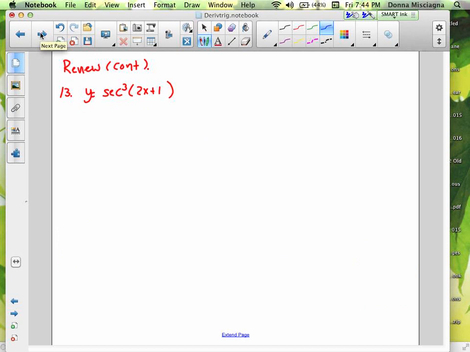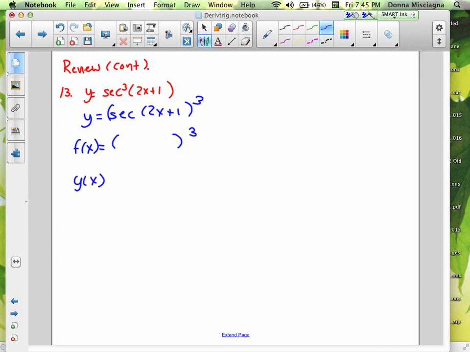All right, so we do have a chain rule here. I am going to rewrite that as y equals secant (2x plus 1) all cubed. So outside function, we'll have 3 here, will be blop cubed.